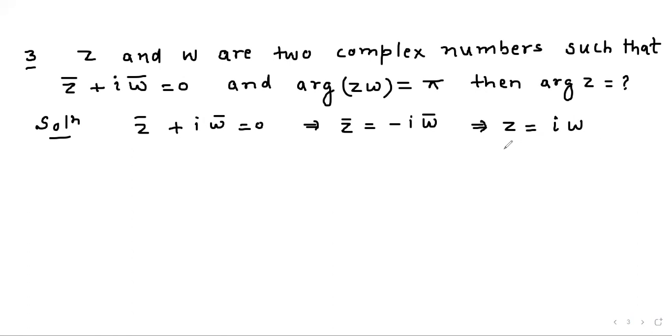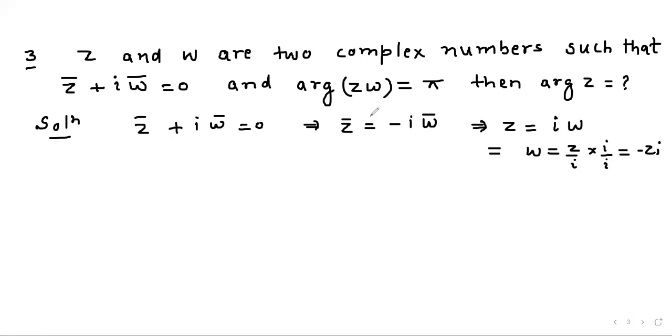From here we can get the value of w equal to z upon iota. We can multiply by iota both sides, so hence we get minus z iota. So w equal to minus z times iota.